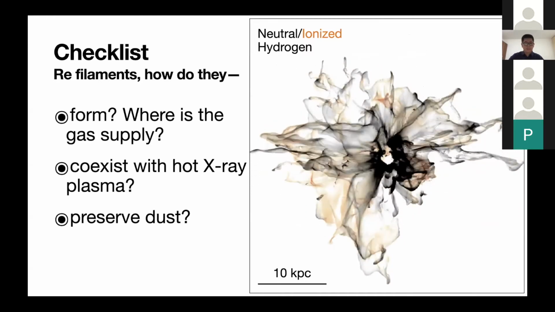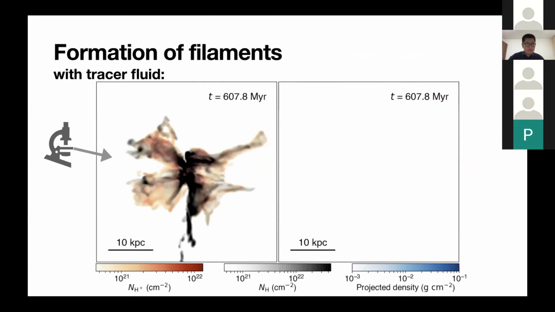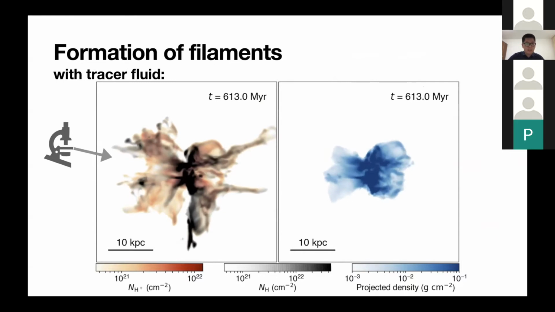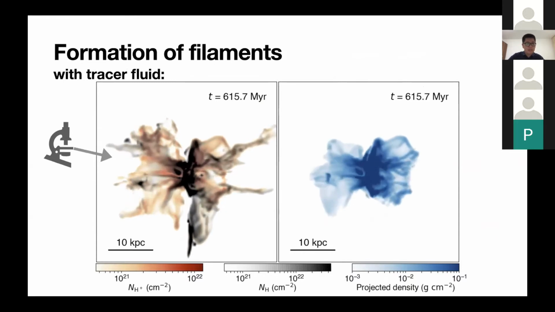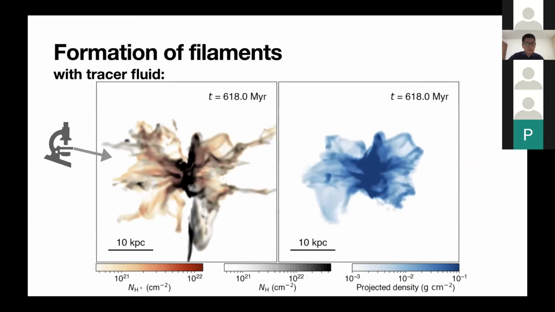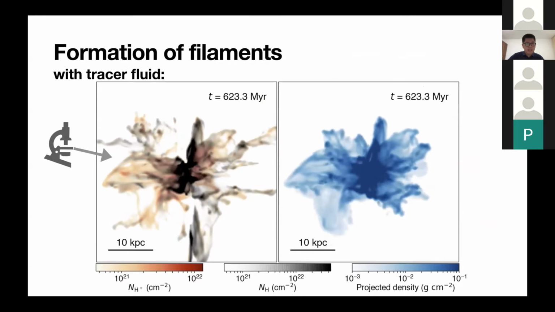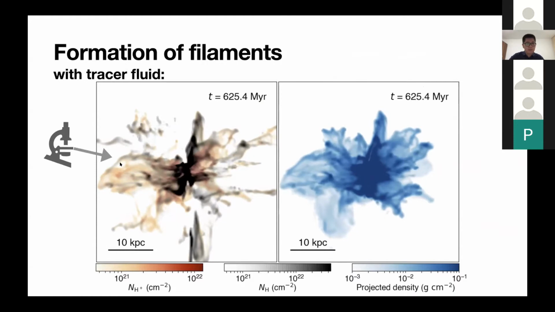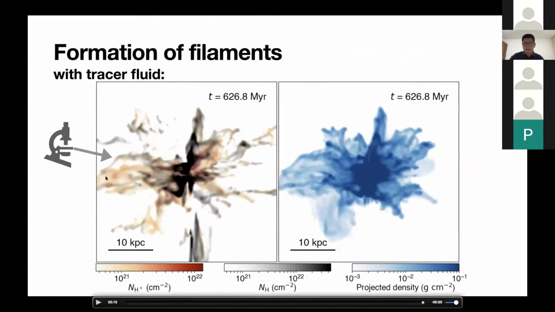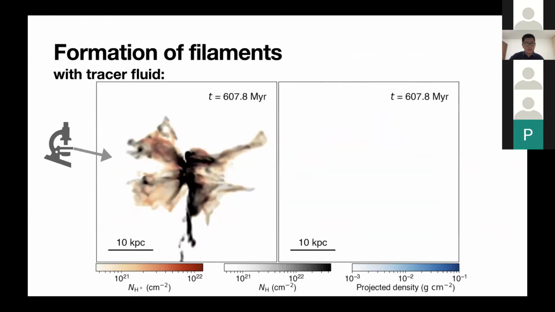Let's begin this video, and I want to pay special attention to the left side of the left panel. Over a few billion years, you'll see the orange turns into gray, and then the filament forms right here. I'll start this video again.